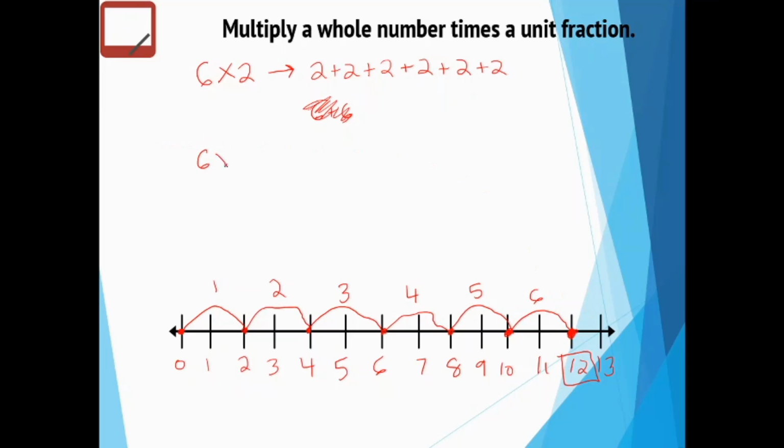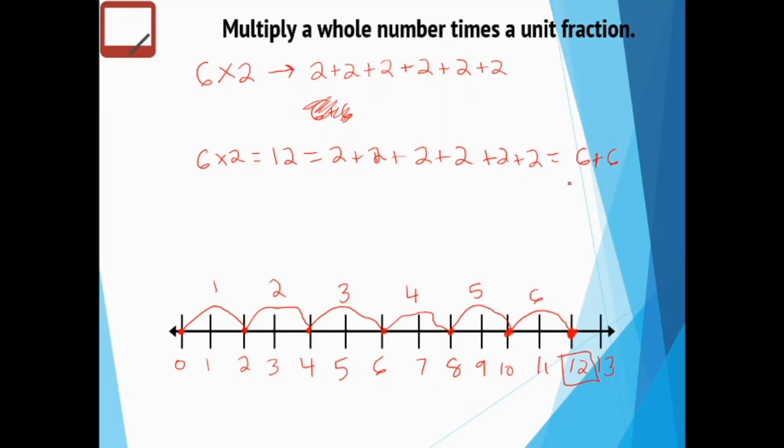So 6 times 2 equals 12, which also equals 2 plus 2 plus 2 plus 2 plus 2 plus 2, which also equals 6 plus 6. So you see here I have written a multiplication sentence, I've written the answer, I've written the repeated addition sentence, and I've written another repeated addition sentence.